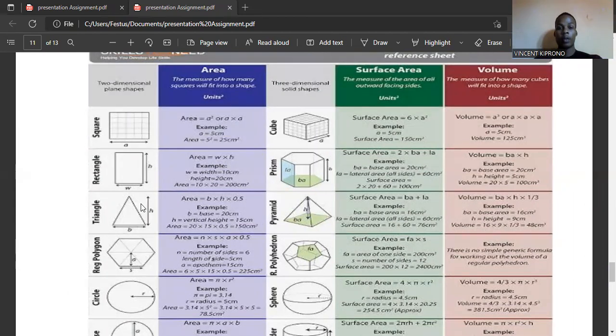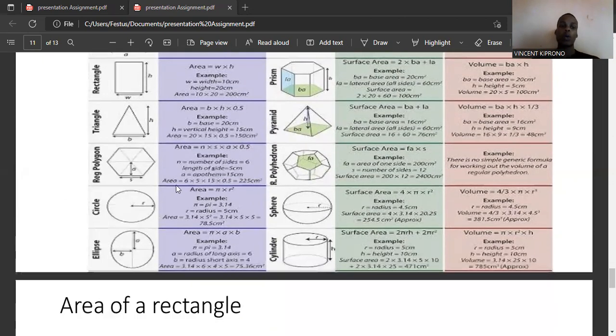Using the diagrams above, our base is 20, our height is 15. So we shall say half times our base, 20 times 15, which is 150 centimeters. That's how to find an area of a triangle.